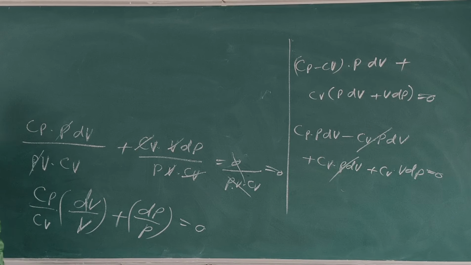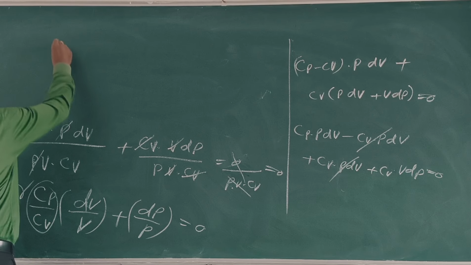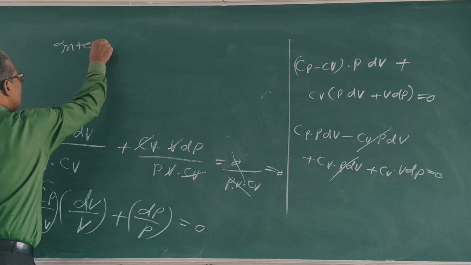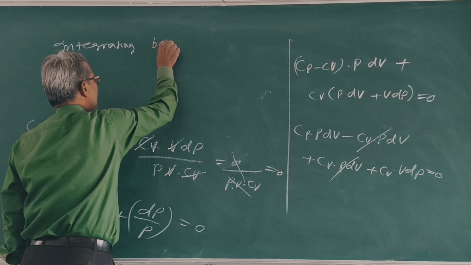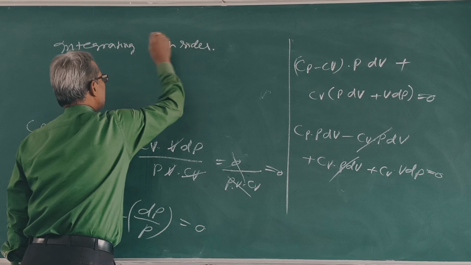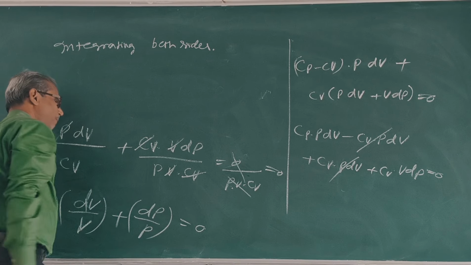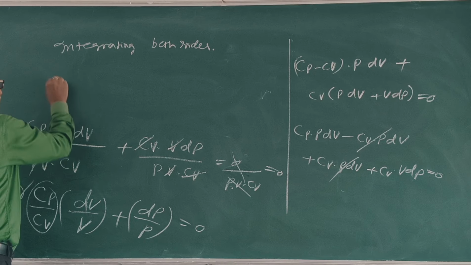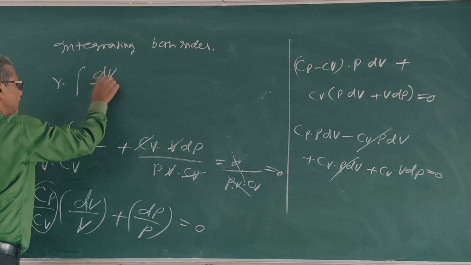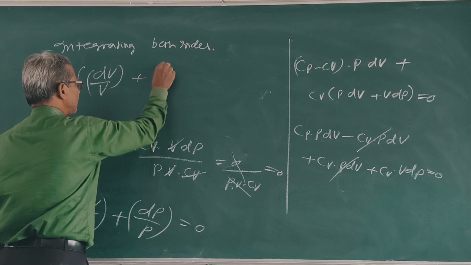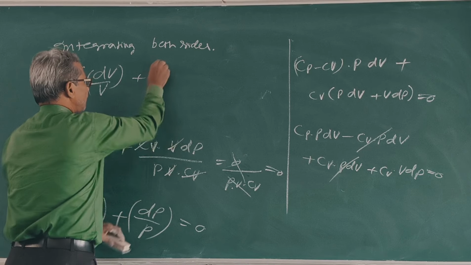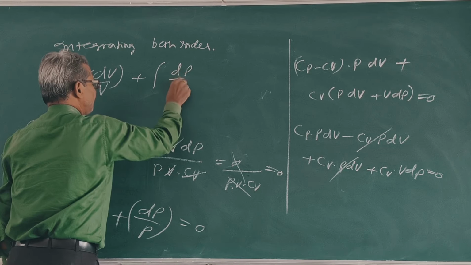This is gamma. Integrating both sides: gamma into integration of dV by V plus integration of dP by P is equal to integration of 0.